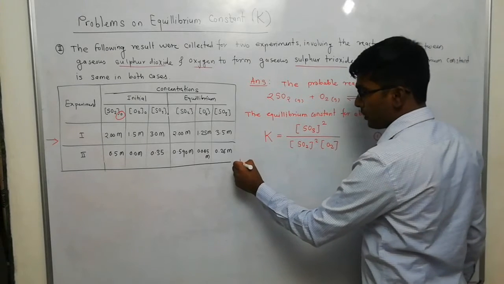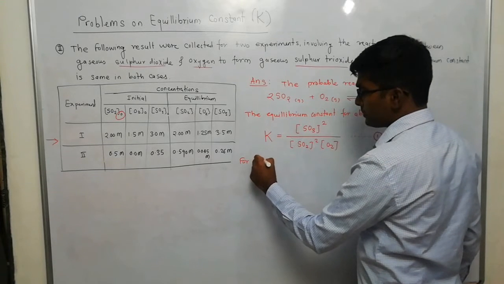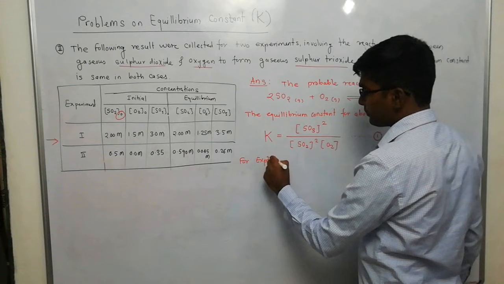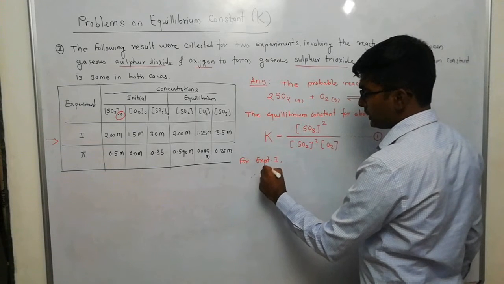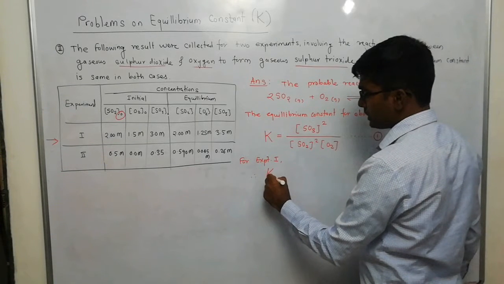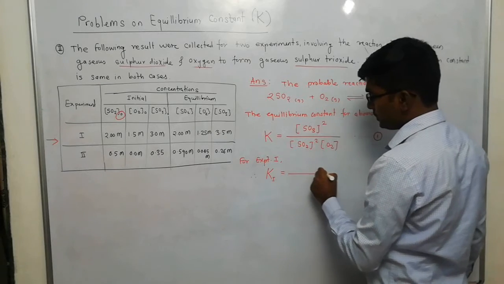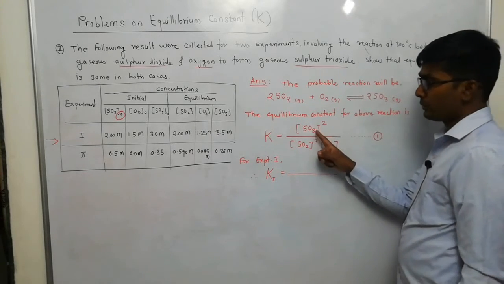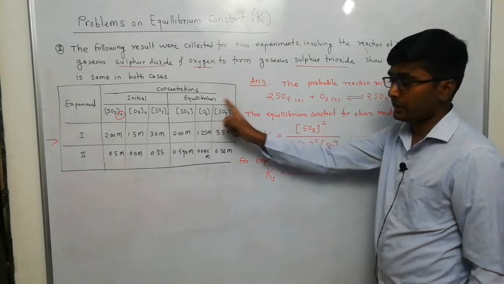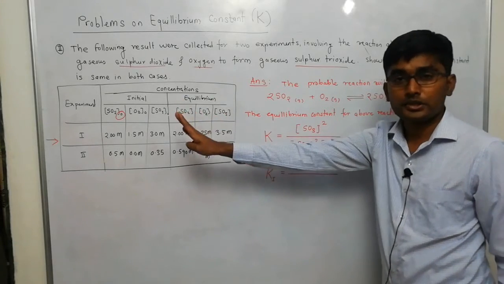Now for experiment number 1, the equilibrium constant for the first experiment will be equal to, let us put in the values. At equilibrium we need the equilibrium value, not the initial value.